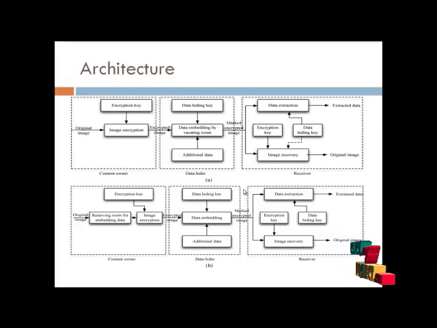The reserved room is initialized for user information. Then in the hiding process, the encrypted image, the encryption key and the data hiding key are used for data extraction.